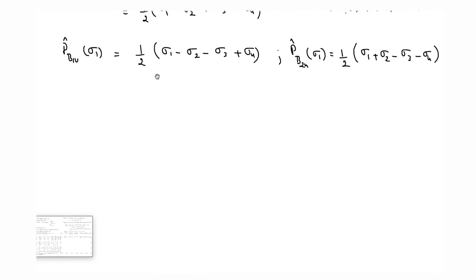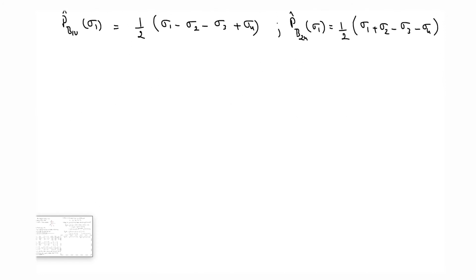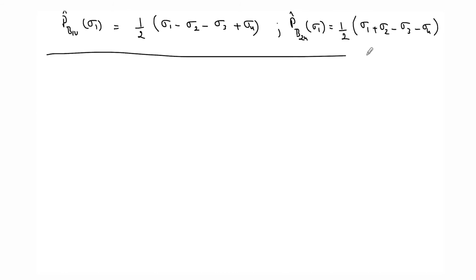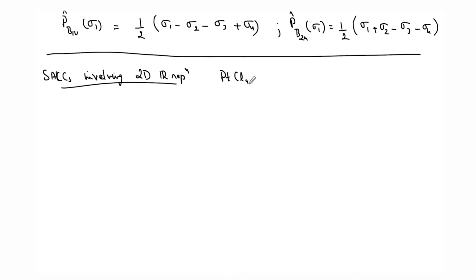Okay, so let's take an example. So I'll just put a line over here. SALCs involving 2D IR representation. And the example I'm taking here is PtCl4.